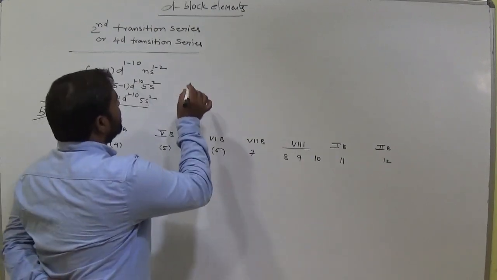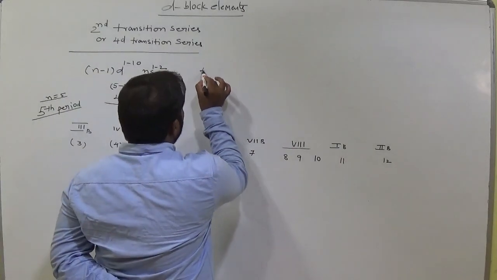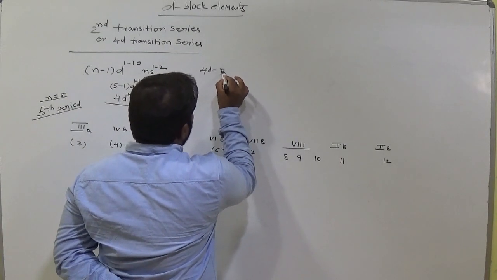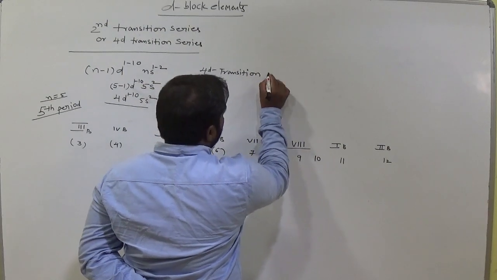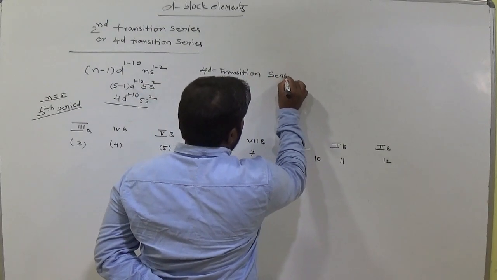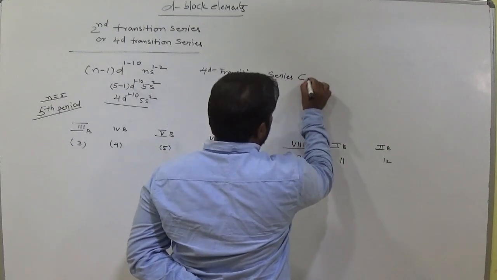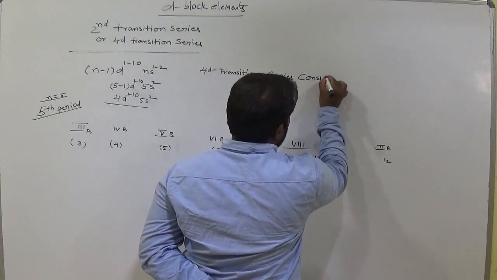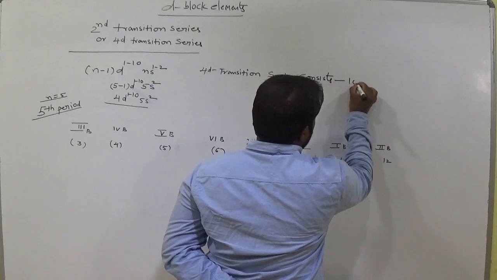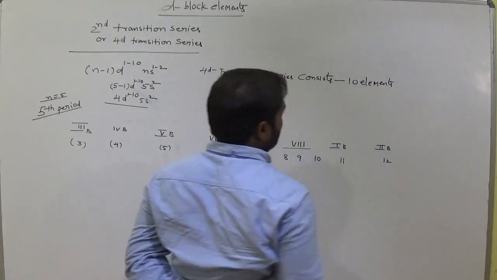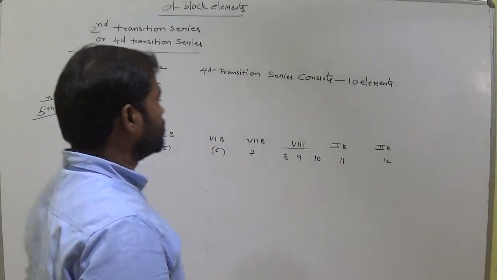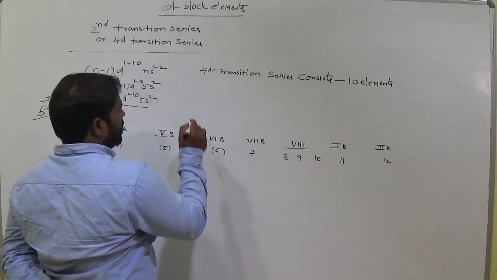So now the 4D transition series consists of 10 elements. How many elements? 10 elements total. So what are they?